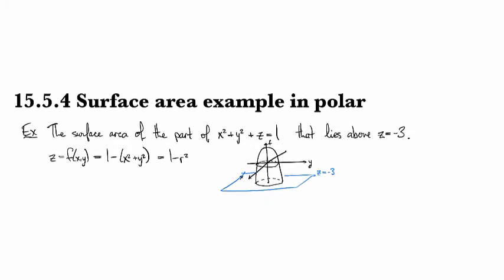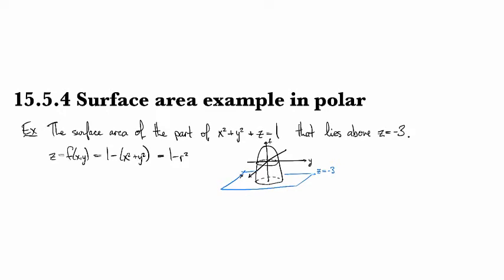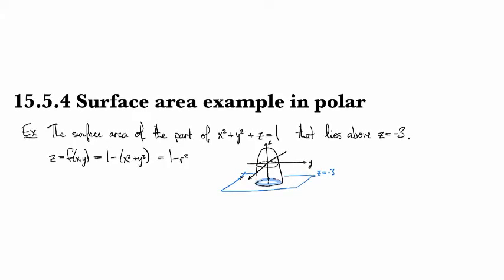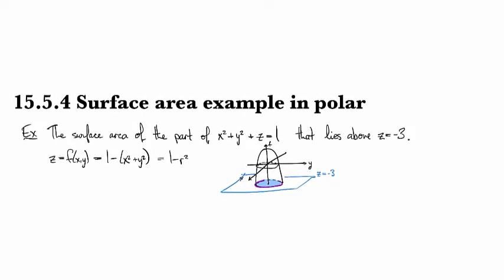We need to figure out what our bounds are for this integral. In particular, I want to know what the region is right here that we're going to be integrating over. So what is this domain?